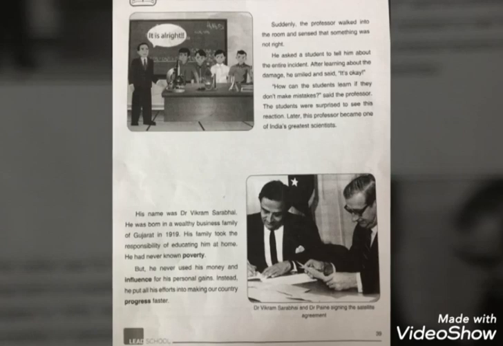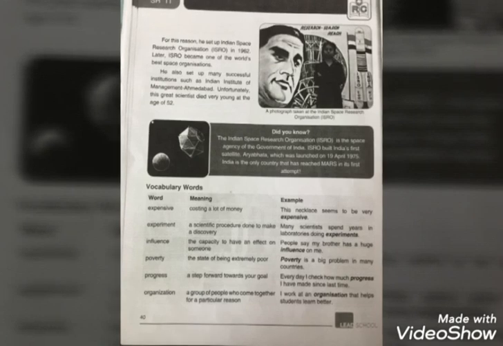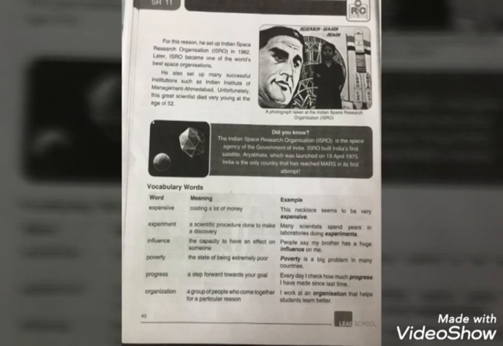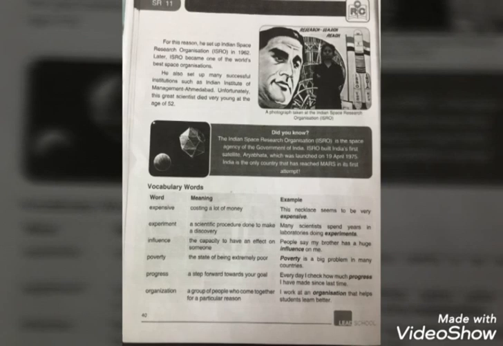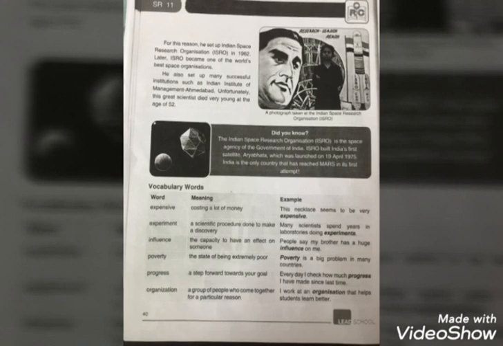India is the only country that has reached Mars in its first attempt. So we have to be very proud to be an Indian. So come to the vocabulary words: expensive, experiment, influence, poverty, progress, organization. All these words' meanings and examples have been clearly given on page number 40.